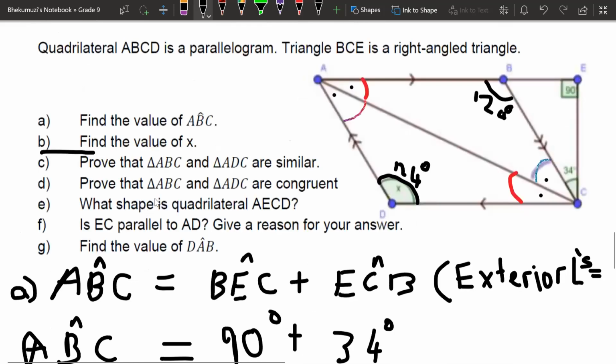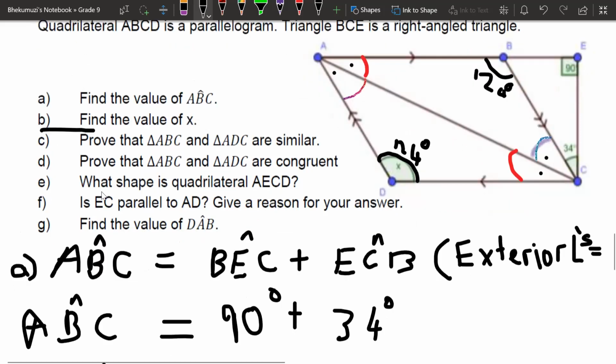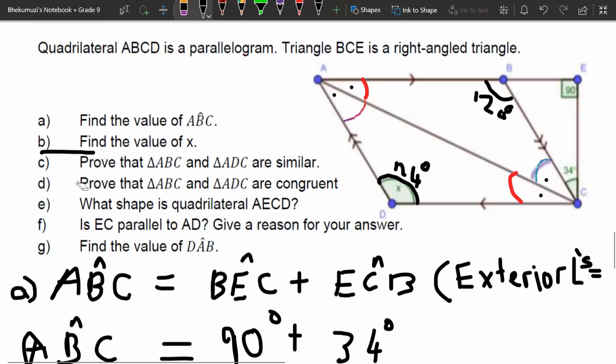And then we have the next question, which would be the last question, and then the other three you try on your own, which is D: prove that triangle ABC and triangle ADC are congruent, right? So how would we prove that they are congruent?